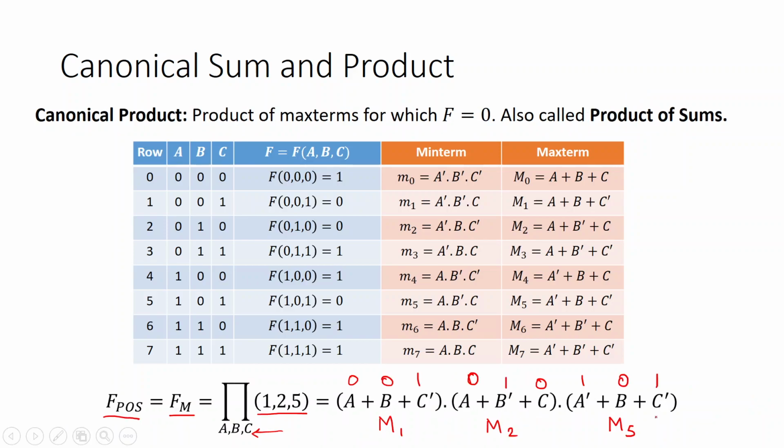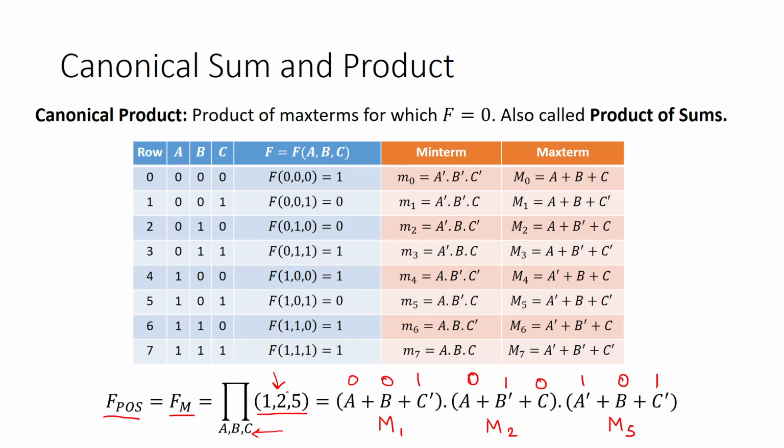Similarly for the product terms, for the canonical product, one of these terms will become 0 only when one of these combinations appears in the input. For all the other combinations, all of these terms will be 1.